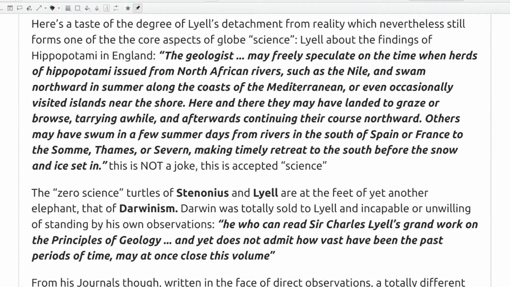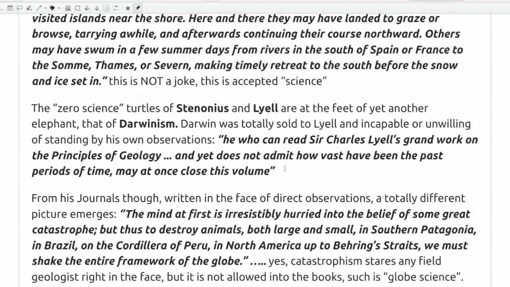Others may have swum in a few summer days from rivers in the south of Spain or France to the Somme, Thames, or Severn, making timely retreat to the south before the snow and ice set in." This is not a joke. This is accepted science.